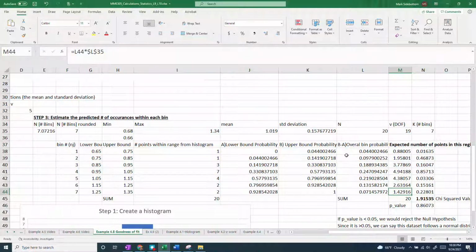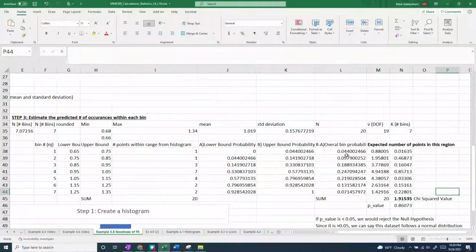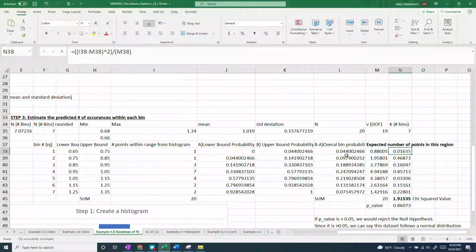The last step is to use the actual and expected number of data points in each region of the histogram to estimate the overall chi-squared value.